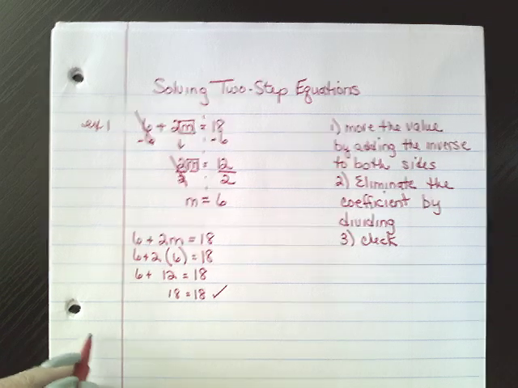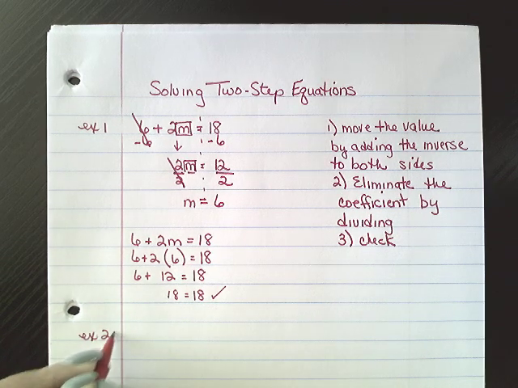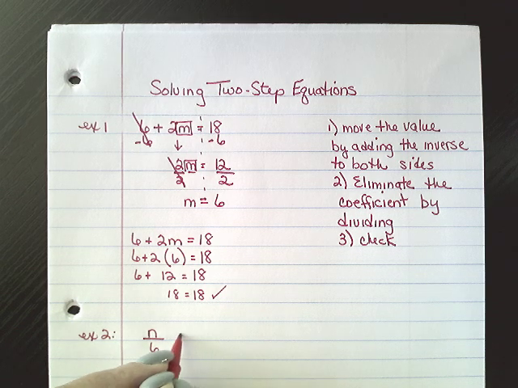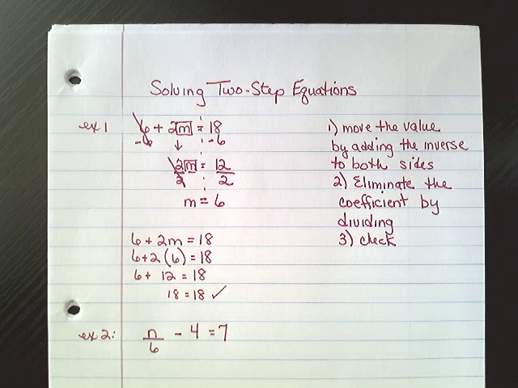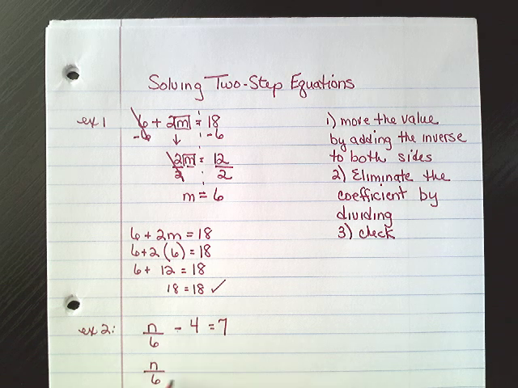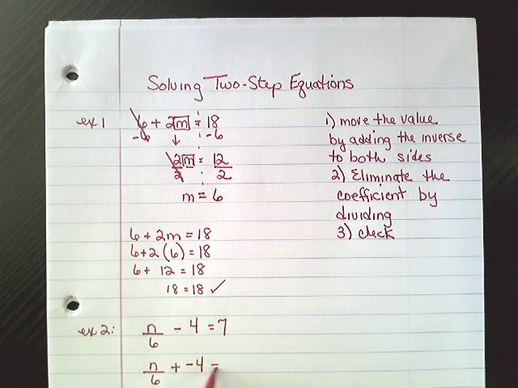Okay, let's do example 2. N over 6 minus 4 equals 7. So the first thing I would do here is to get rid of that subtraction. So I'm going to rewrite it as keep my first term, change subtraction to addition, and change positive 4 to negative 4.